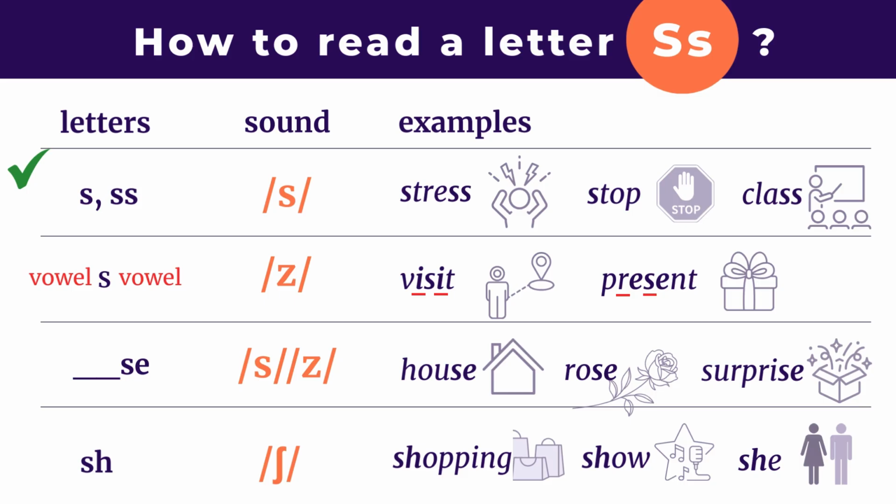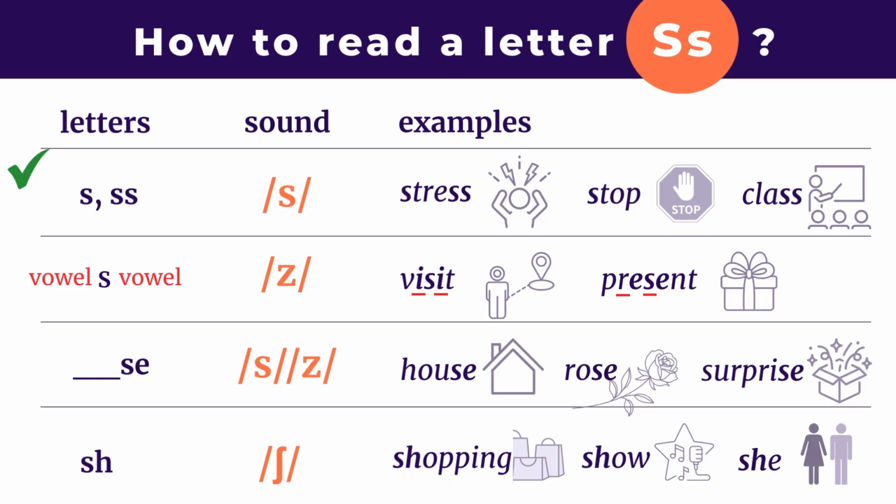The letter S can sound different. S, or double S, makes a sound S. Stress, stop, class. Between two vowels, S makes Z sound. Visit, present.